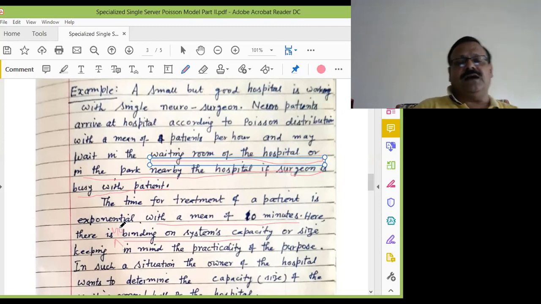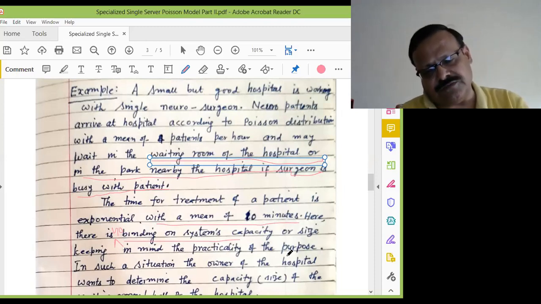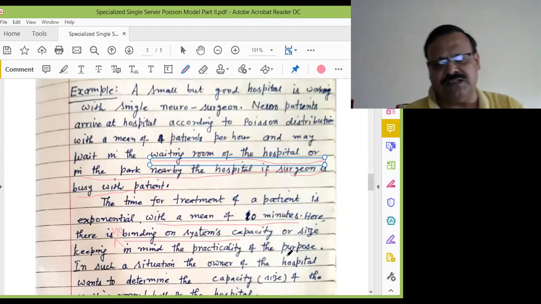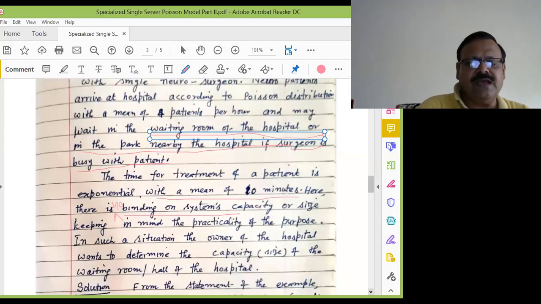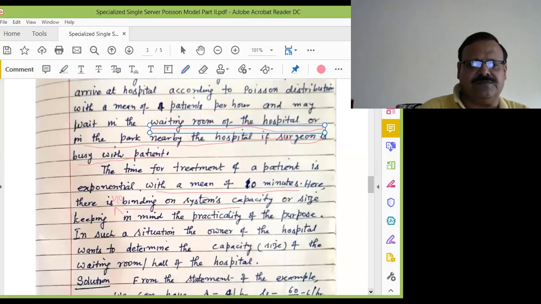There is no binding on the system's capacity or size, keeping in mind the practicality of this purpose. Whosoever comes from wherever can join this hospital, and therefore capacity is infinity because we are studying the system of infinity. And the source population is also infinity.